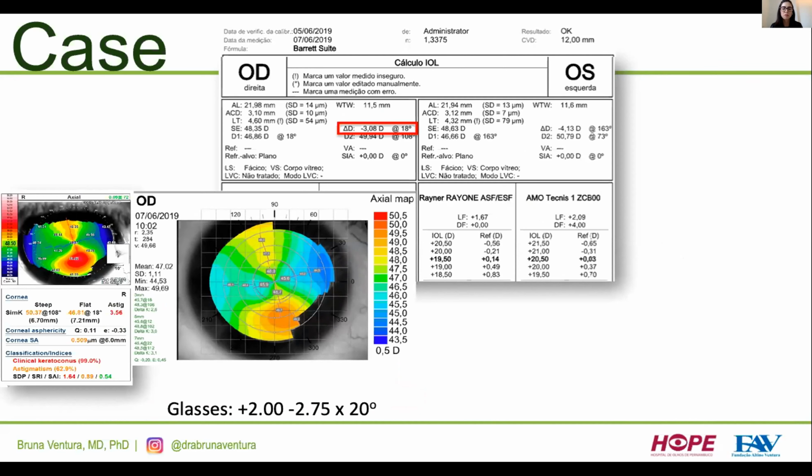And what we see is that with regards to the astigmatism, the IOL Master 700 measured -3.08 of astigmatism at 18 degrees, the OPD -3.56 at 18 degrees also, and the ISIS measured a much lower amount of astigmatism, so 2.6, agreeing with regards to the meridian.